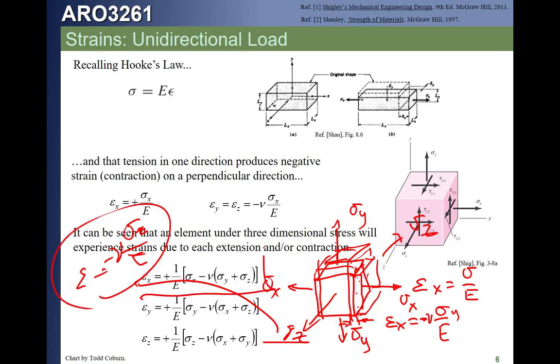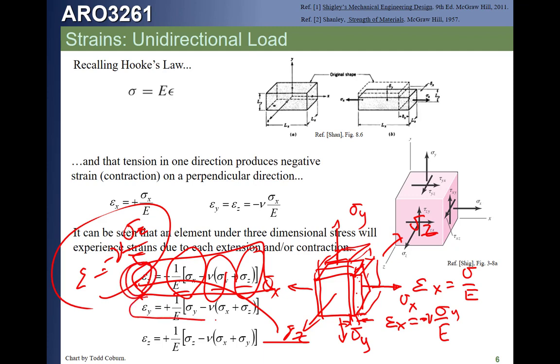So what we see here is the summation of the normal stress and the two transverse stresses, which gives us 3 components of strain in the normal direction, the total of which is the total strain in x.